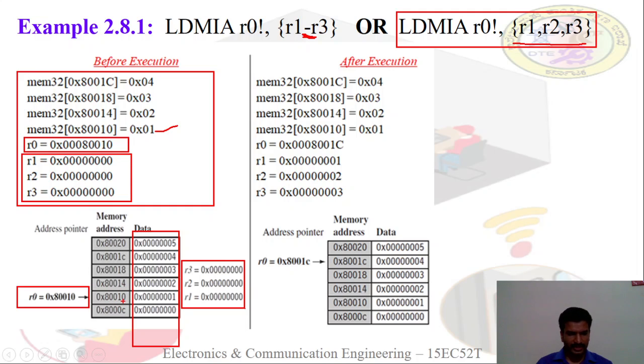So 80010, 11, 12, 13. So 4 locations. So this data will be stored. Later 14, 15, 16, 17. So there this data is stored. Then 18, 19, 1A, 1B. So 4 byte data stored here.